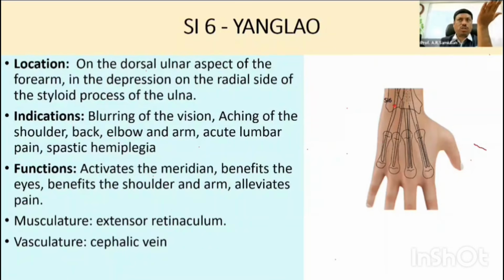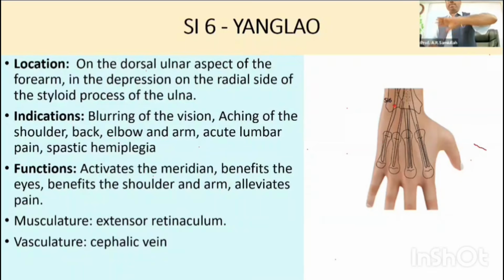When the hand is in supination, this is pronation. Lying down like this, upside down, is the prone position. When I am lying down like this, it is the supine position, the spinal cord position, and the prone position is where you are facing down.